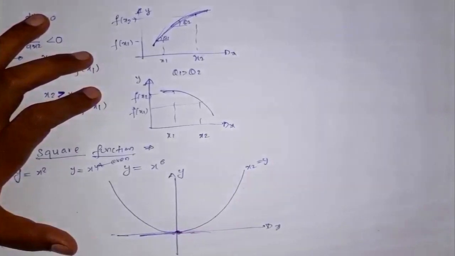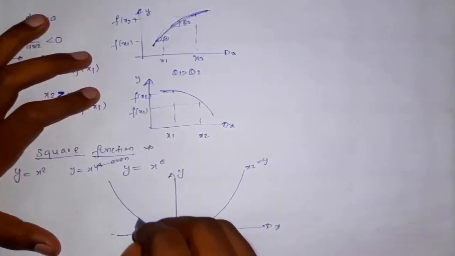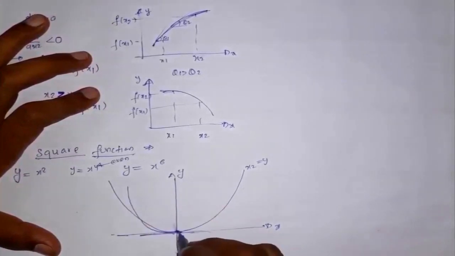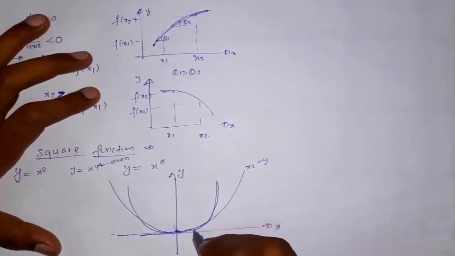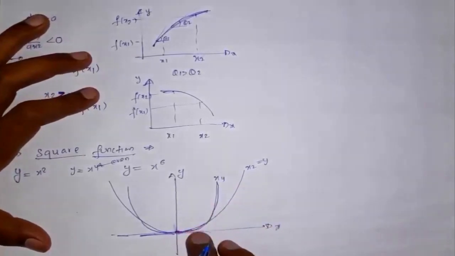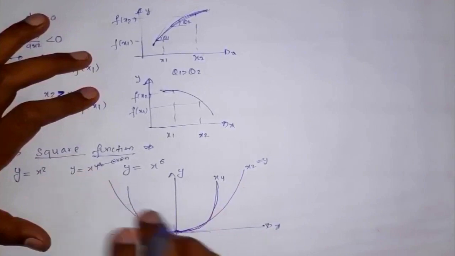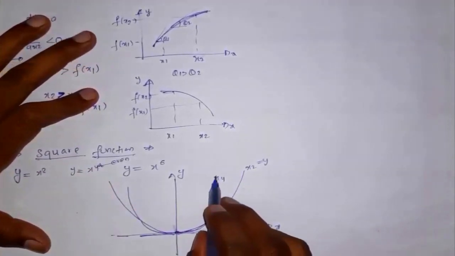Now y equals x to the power 4. What will happen? It will be like this. Because if we are increasing the power, then for less value of x, the value of y will be more.